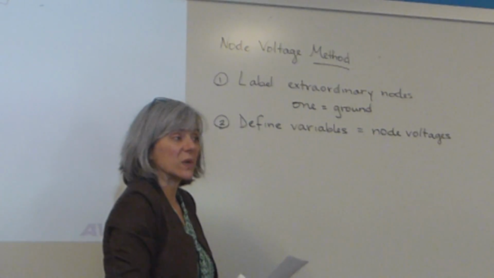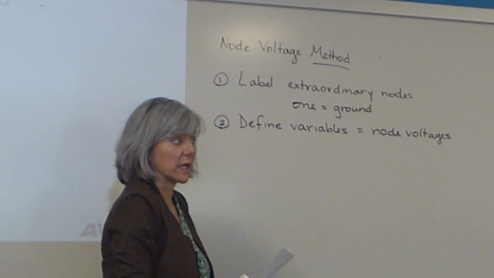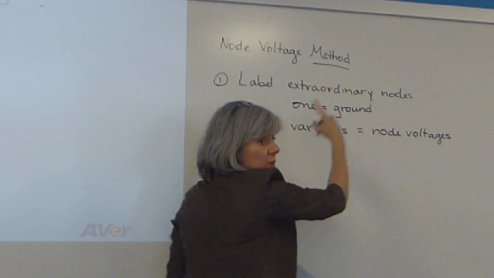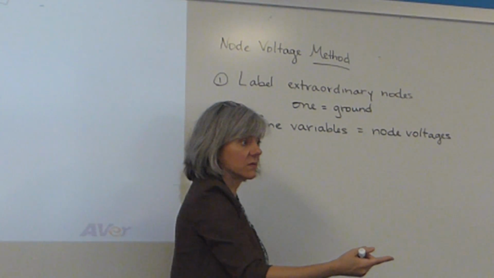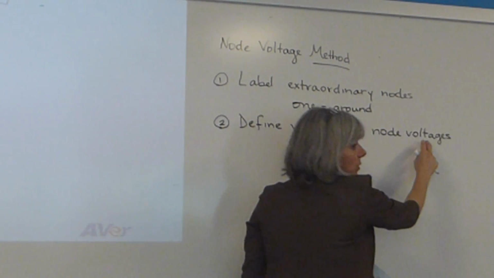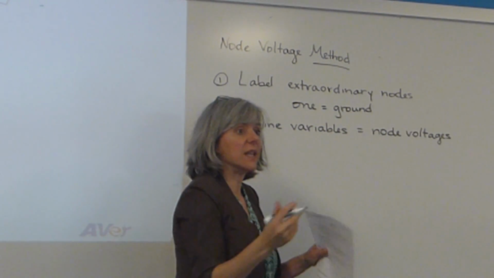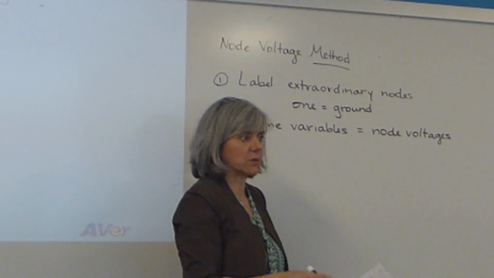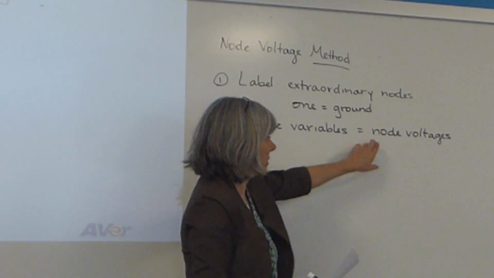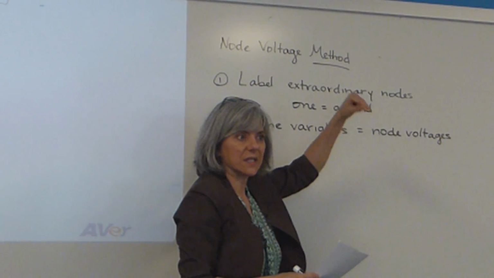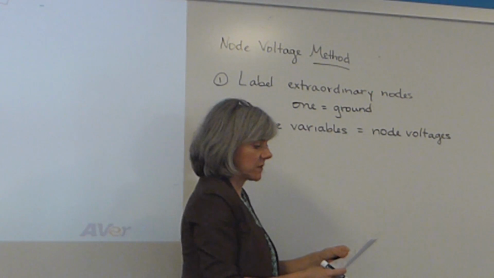So what that means is when we solve the set of equations, the variables are going to be our answers. So this method will always give us voltage as answers first, and then we use that to find current or any other voltage we might need. So the variables are the node voltages. That means the answers initially are node voltages.